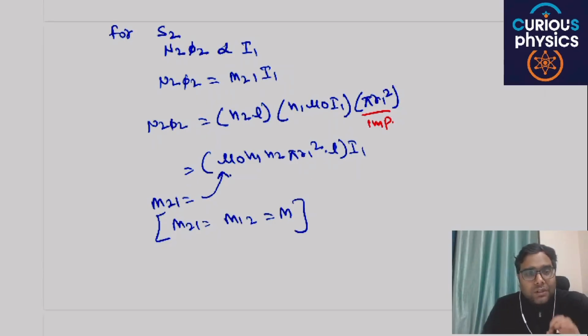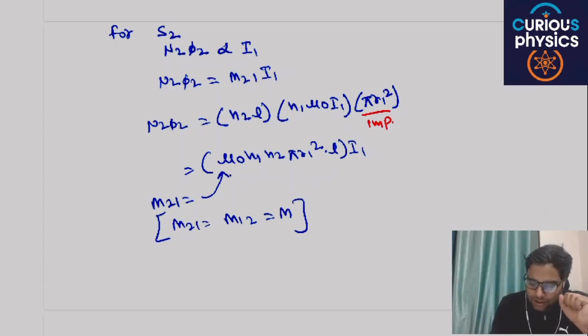But this is not the case at all times. You have to just focus on how to relate the terms, how to relate all the factors, and what the inductance is. If the mutual inductance of a particular coil is given, then you do not have to find the value of magnetic flux all the time.